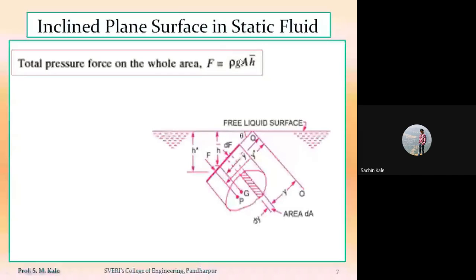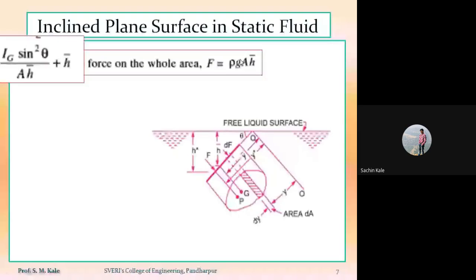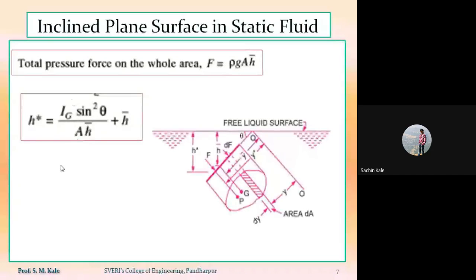And the position of center of pressure is given by the equation H star is equal to Ig sin square theta upon A h bar plus H bar. Whatever values of F and H star we are getting, we get by following the steps, that means by deriving the equation, and that derivation part we have covered in the class.